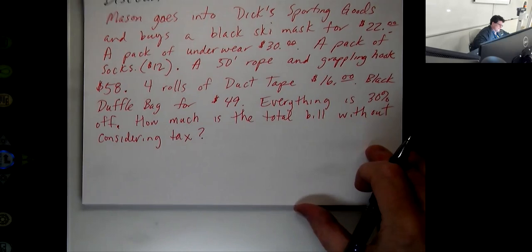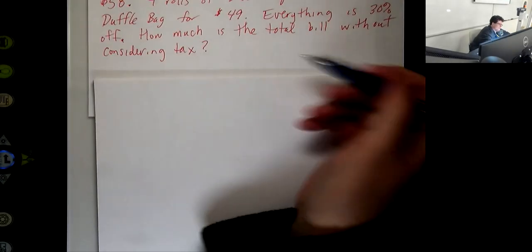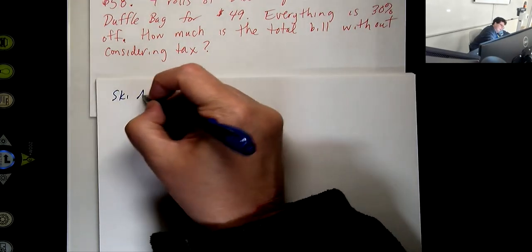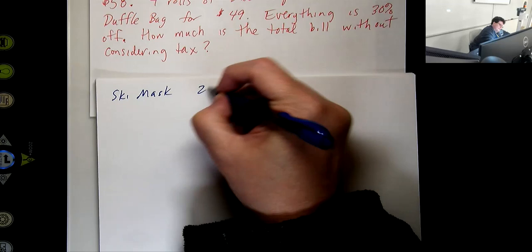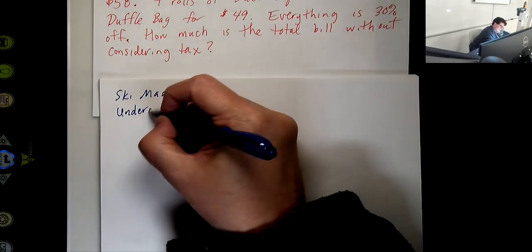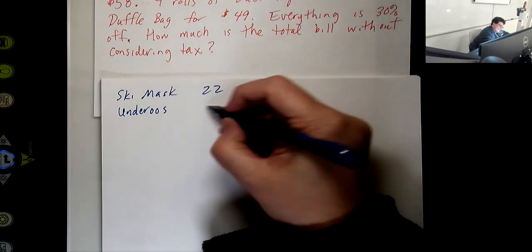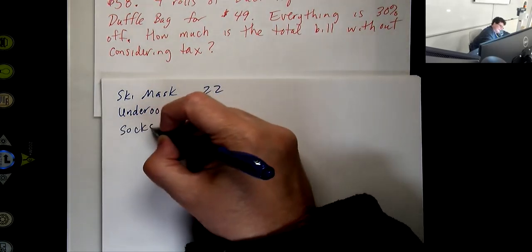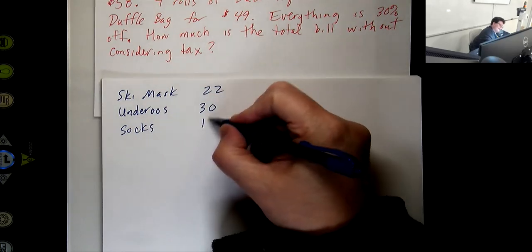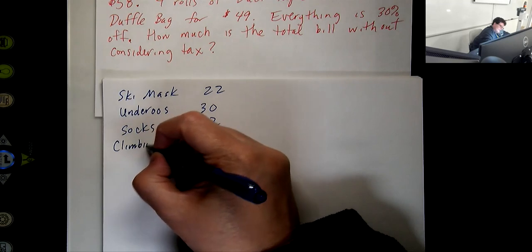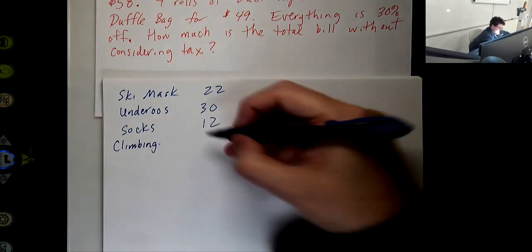All right, so let's make a list. This is how this shows up in real life. He bought the ski mask, that was 22. Underwear, 30. Socks for 12. He bought climbing equipment, a rope and grappling hook for 58.